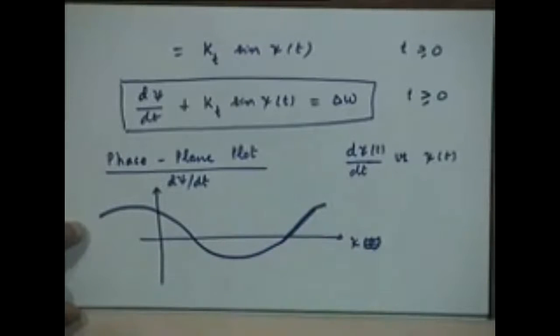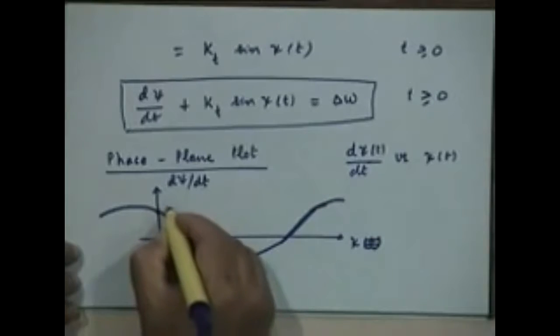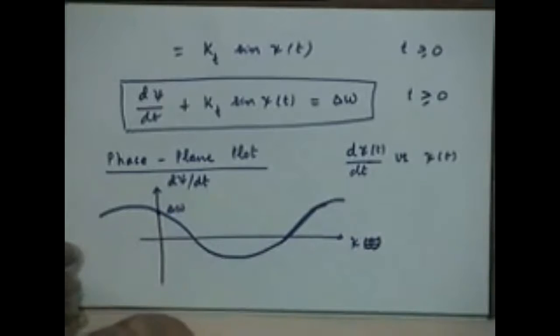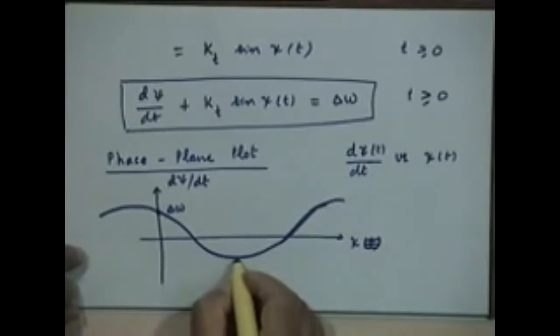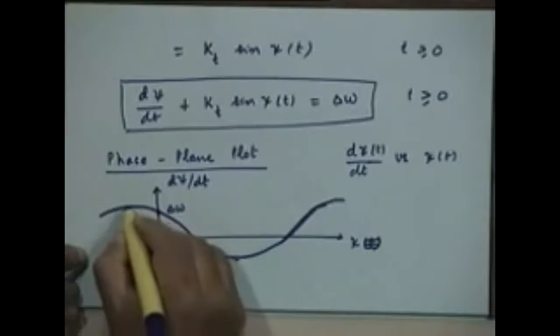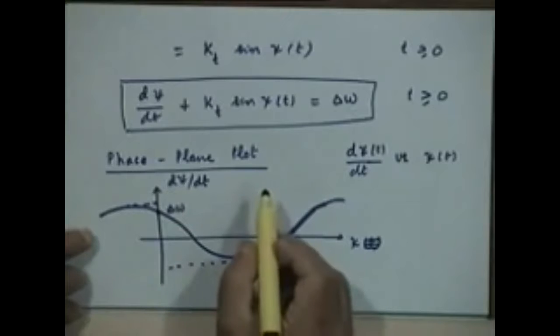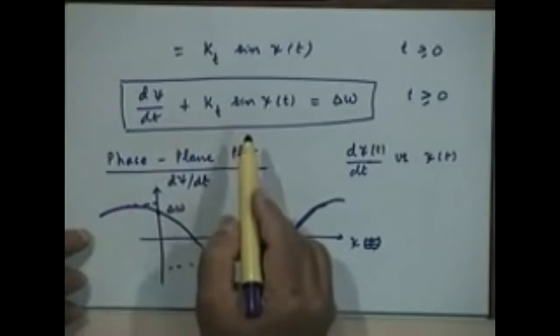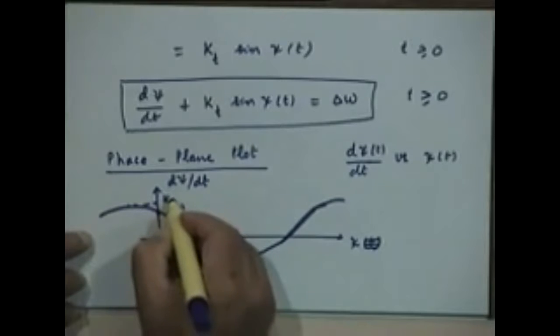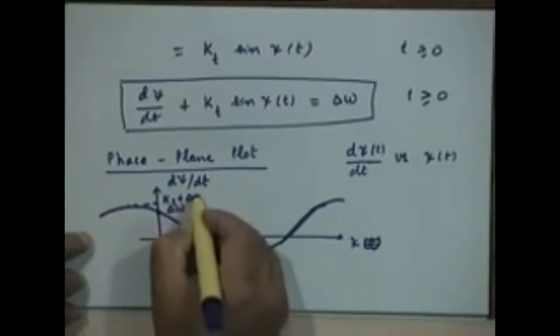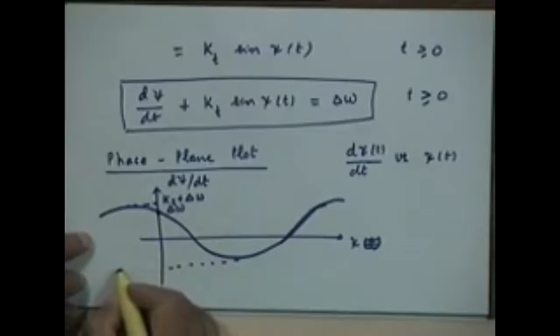I have not plotted a good sinusoidal function, you can plot a better one. This point corresponds to delta omega. Then what is the peak value of the sinusoidal function? It is k_t plus delta omega, and what will be the value here?